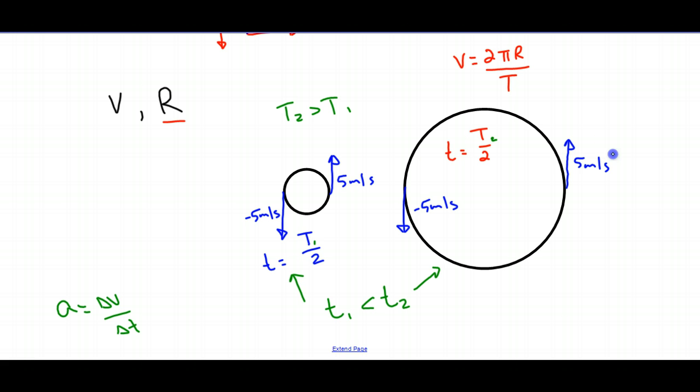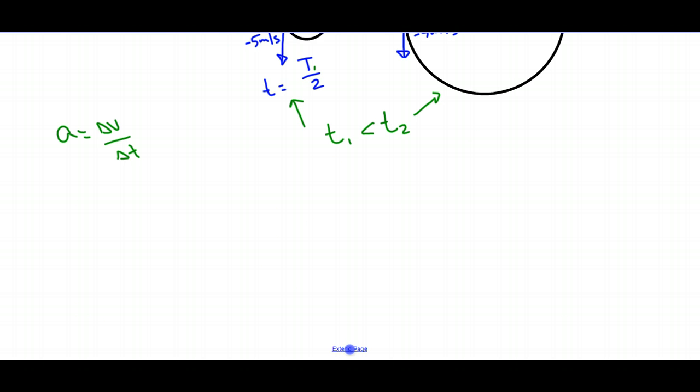The delta v is the same. It goes from 5 to negative 5 in both cases. But the time it takes in case number 2, compared to case number 1, is much longer. And so as a result of our denominator being much bigger, the acceleration for number 2 is less than our acceleration for number 1.